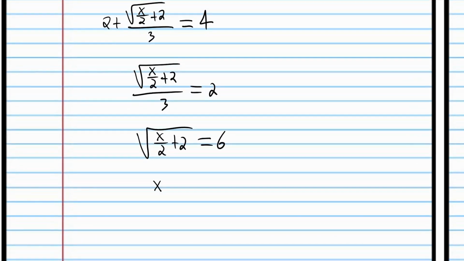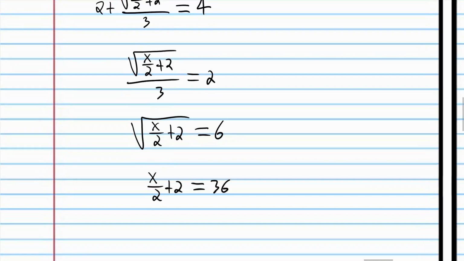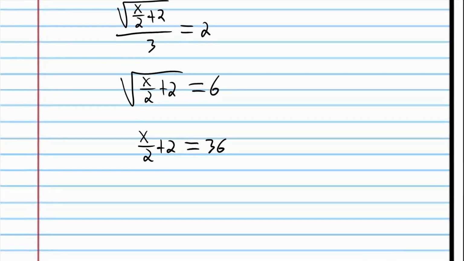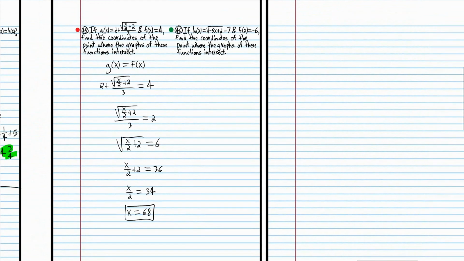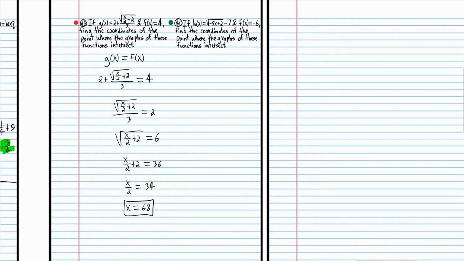Then we're going to square both sides of the equation. Then we're going to subtract 2 from both sides of the equation. And then we're going to multiply both sides of the equation by 2. So that's the first part of the problem.